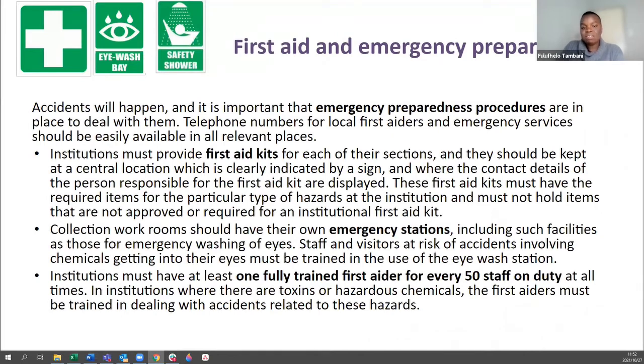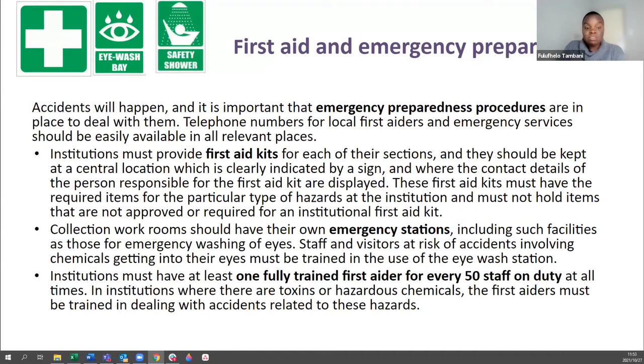And staff and visitors, so whoever has access to that collection or that area, are at risk of accidents involving chemicals, and they need to be trained on how to use the emergency eye washing station.